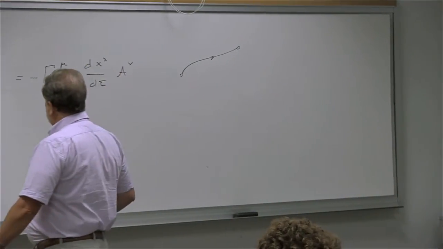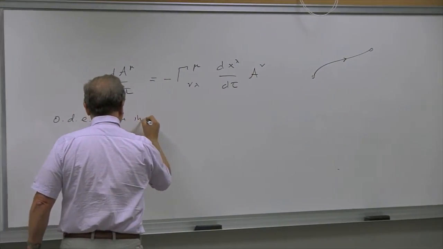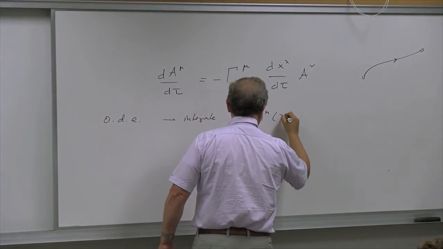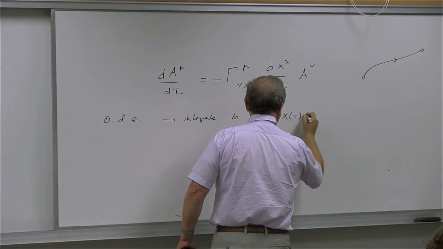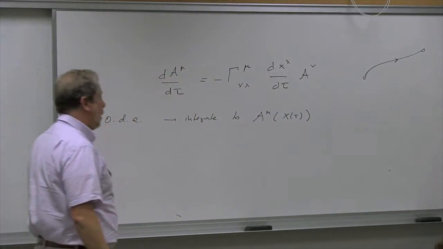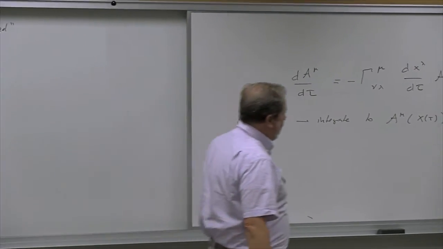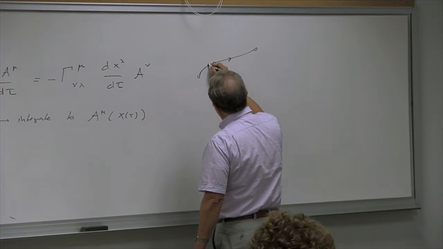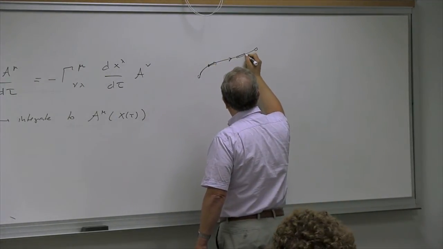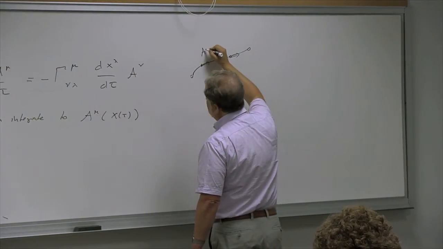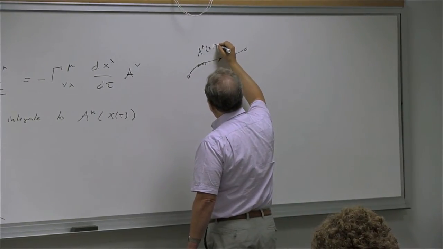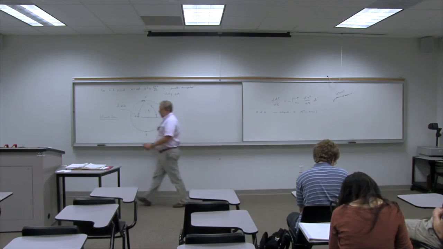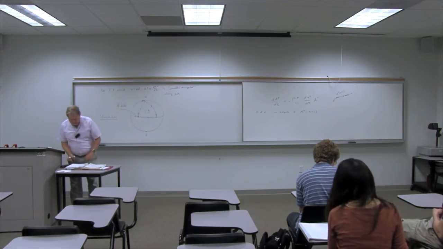And so in principle, we can integrate it to find A mu as a function of x of tau. So we can integrate this equation, and that will give us the evolution of this 4 vector as we move along this path.